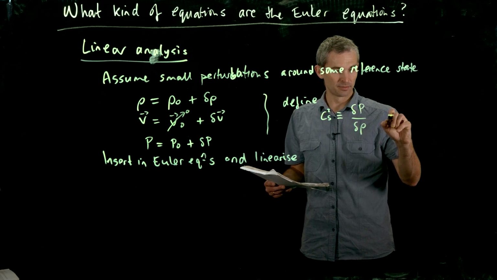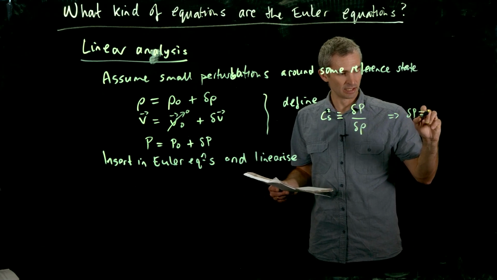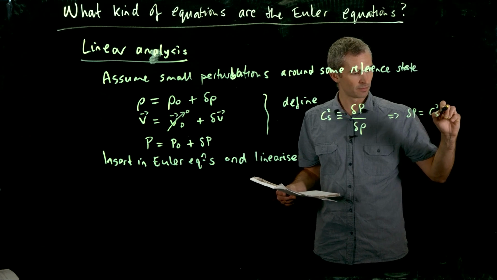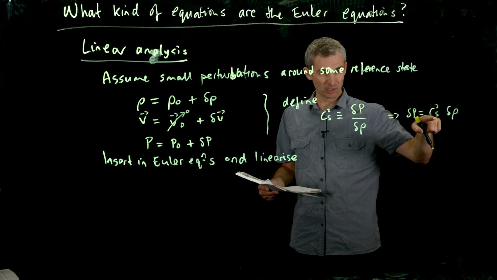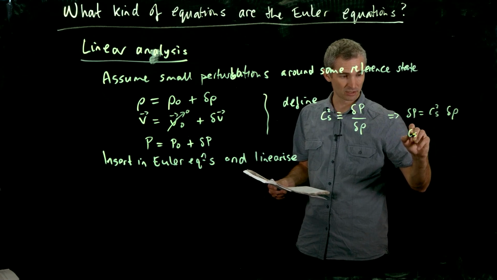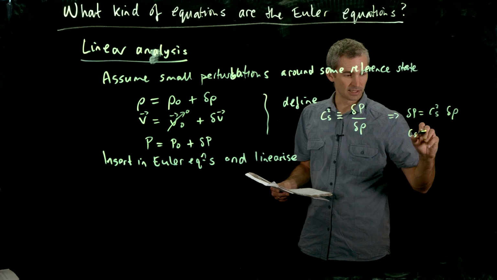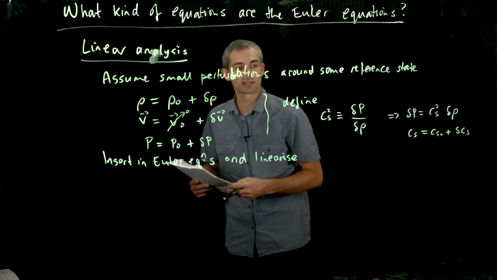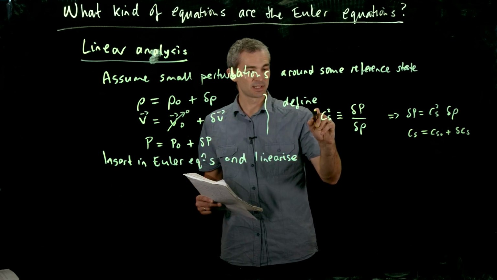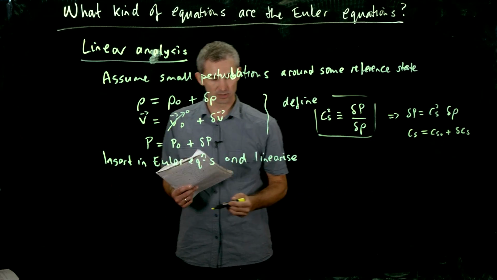So in other words, delta P is just related to delta rho by some other variable. In general, this should be expressed as a perturbation equation as well. So sound speed is sound speed naught plus delta sound speed, for example. It doesn't have to be a constant. But I'm just going to use this definition, and you'll see why that's useful in a minute.